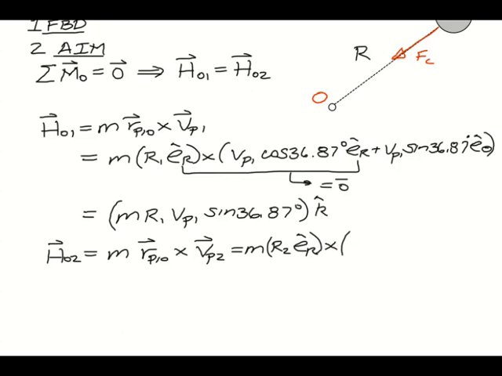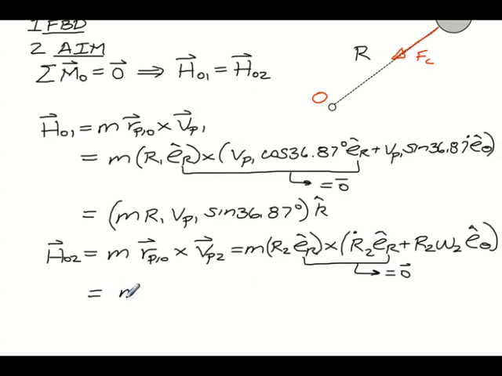Don't know either the radial or the transverse component, so I'm just going to write this out as R2 dot ER, that's the usual polar description, plus R2 omega 2 E theta. ER cross with itself, that's a 0. So that's good for us because we don't have to know what R dot is in order to use this equation. So I have M R2 squared omega 2 K.